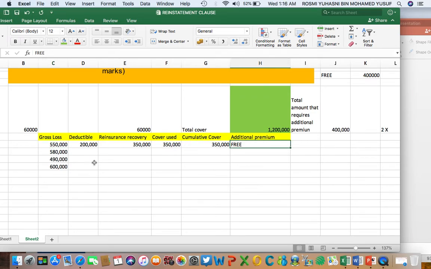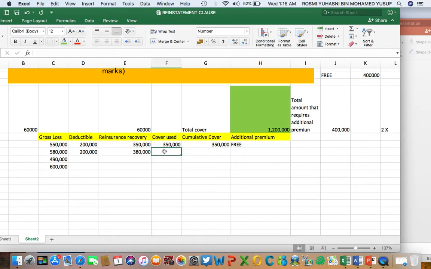Okay, so we move to the second one, 580,000. How much is the cover used for this gross claim? Deductible 200,000. Recovery is 580 minus 200 is 380.